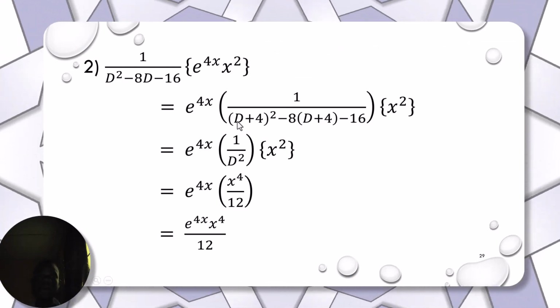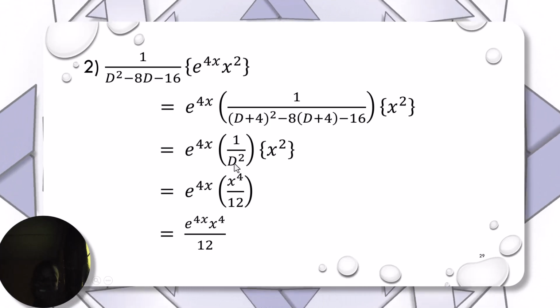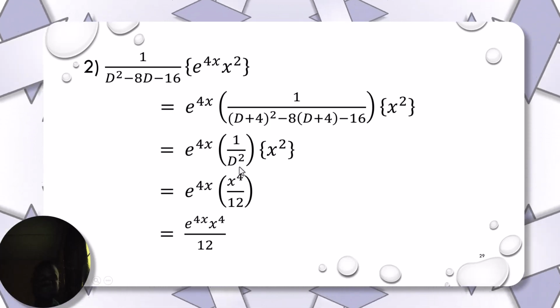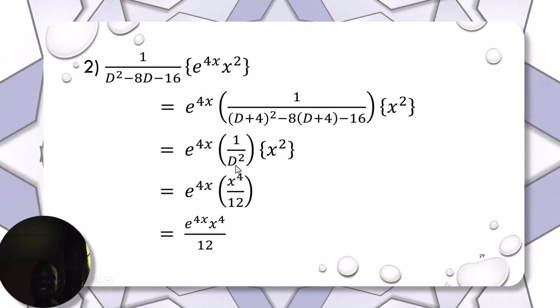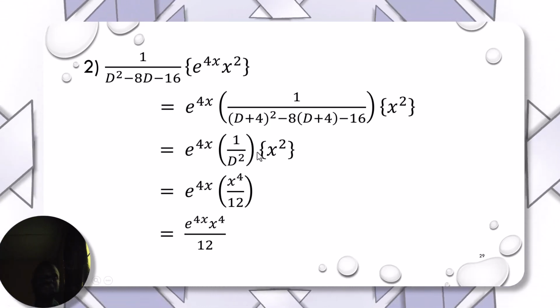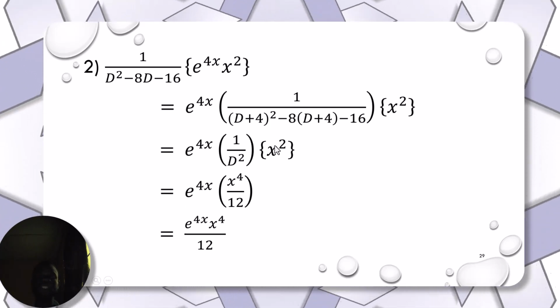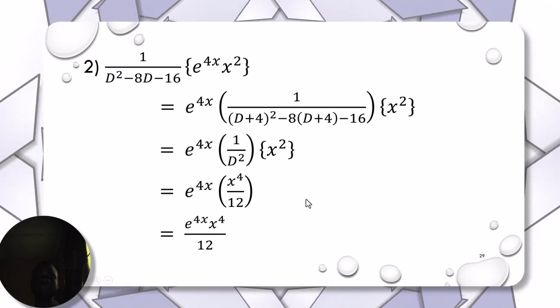So here I will have 1 all over this square remaining, right? 1 all over this square. Then I should have x square all over this square, which is second order differentiation. I will differentiate this in first order. It will give me x cube divided by 3, right?